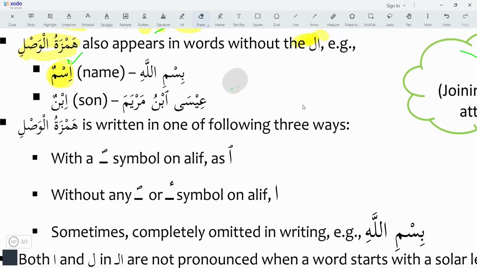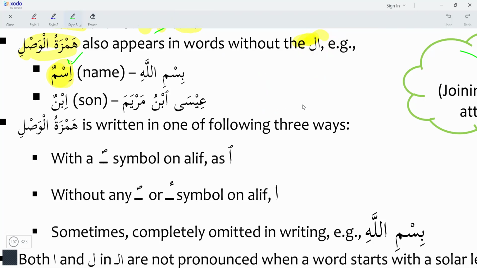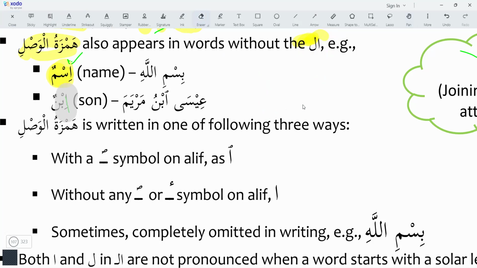Okay. Next is Isabnu Maryama. Another word is Ibnu. The Hamza of Ibnun is also Hamzatul Wasal. So if any word or ism comes before this Hamza, we will not pronounce this Hamza.